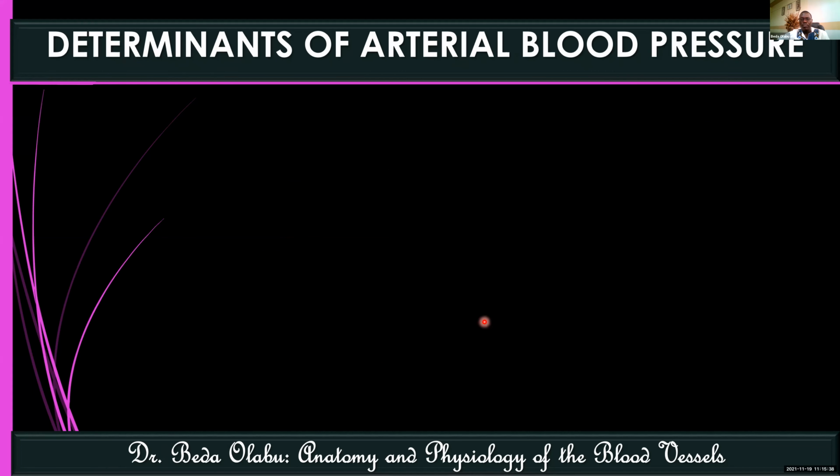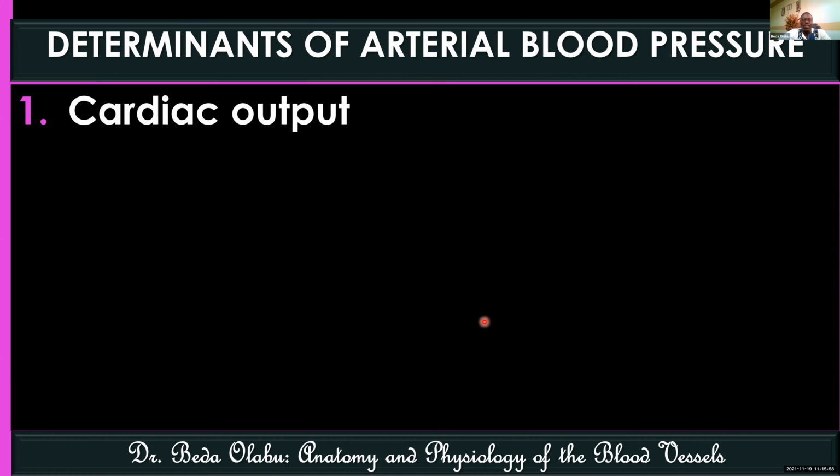So let's go back to the arterial blood pressure. We talked about arterial blood pressure, capillary pressure, and venous pressure. But let's go back to the arterial blood pressure and think through the formula I gave you. There are some key parameters that determine the arterial blood pressure, and one of them is cardiac output.